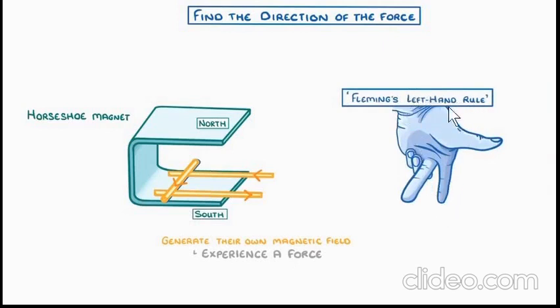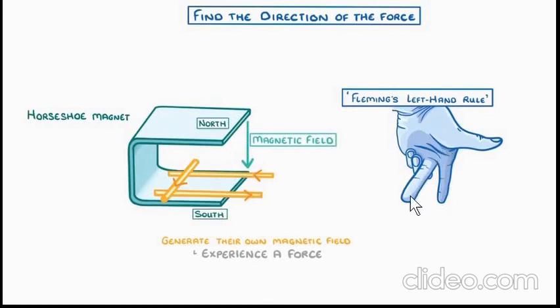Here I have placed this hand in the opposite direction. So what do we learn? We learn that the first finger represents the magnetic field. You can see over here, this first finger is downwards, right? Because the magnetic field is north to south.